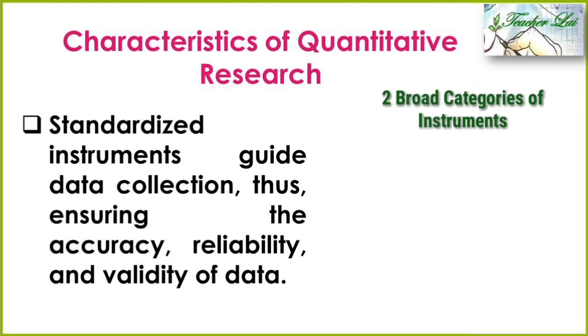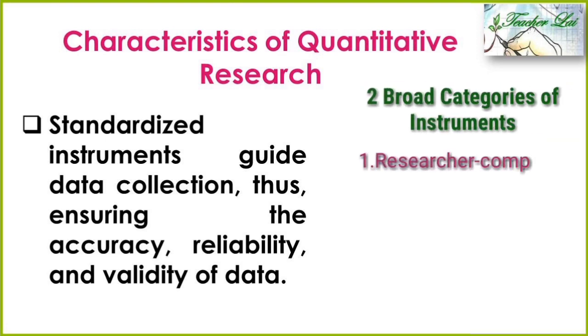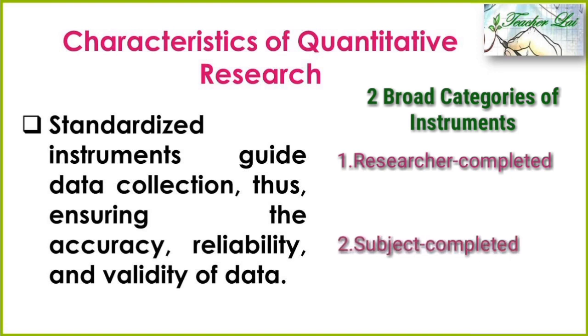Remember, instruments fall into two broad categories: researcher-completed instrument and the subject-completed instrument. Researchers, like you, choose which type of instrument or instruments to use based on the research questions. In other words, you will choose research instrument based on your statement of the problem.